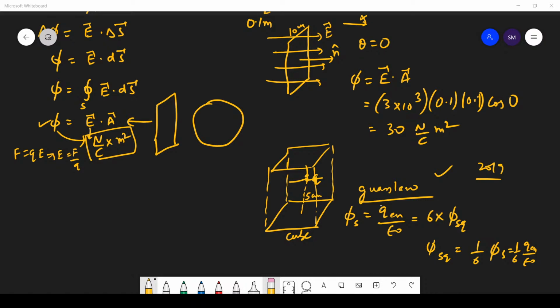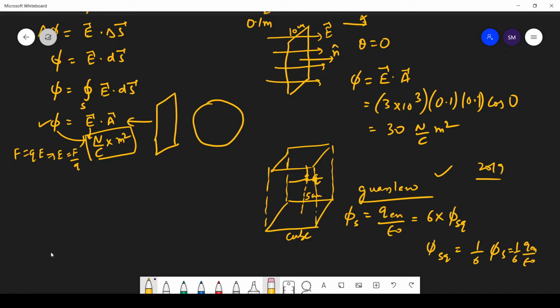we can have questions about electric dipole moment. If the question is to define electric dipole moment, you can simply write that electric dipole moment is the numerical product of charge and the distance between the charges, and it is directed from negative to positive charge.